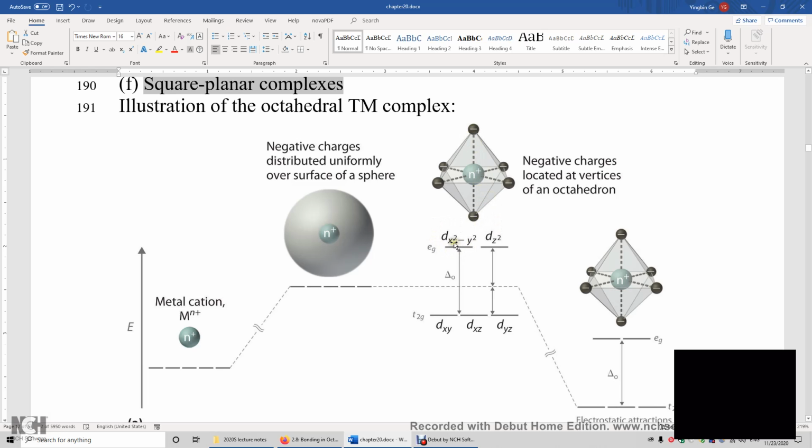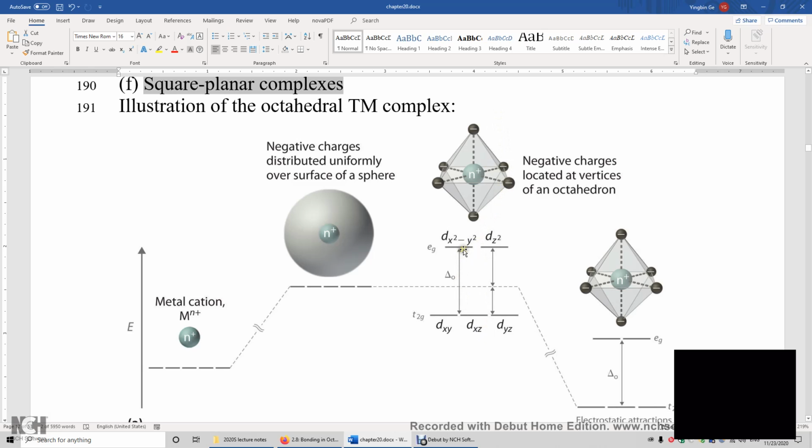Similarly here, dx squared minus y squared has 4 lobes pointing towards these 4 negative charges in the middle. And that makes these 2 orbitals have higher energy than these 3 orbitals. These 3 d orbitals are not pointing directly to any of these negative charges.